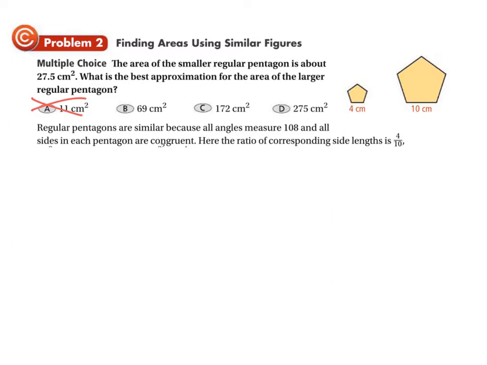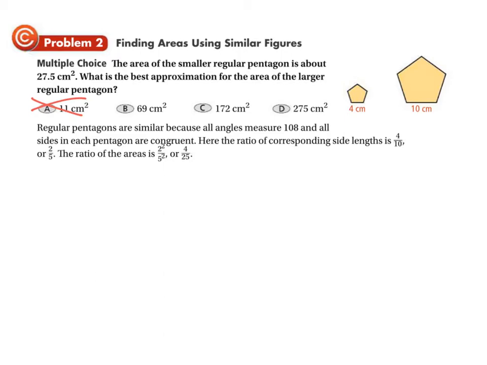Okay, so we have their ratio of corresponding side lengths of 4 to 10, right? And therefore, if we simplify that to 2 to 5 and we square it to find out what the area ratio is, we get 2 squared, or 4, over 5 squared, or 25. So we know that they have an area ratio of 4 to 25.